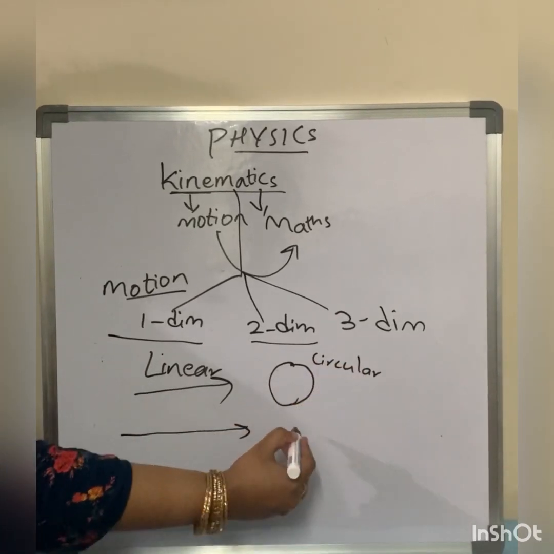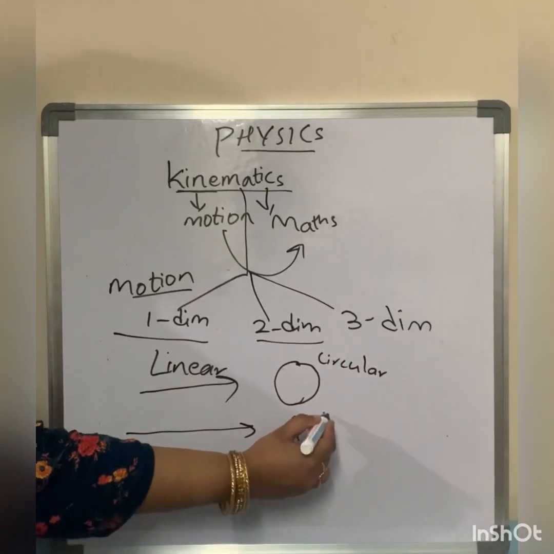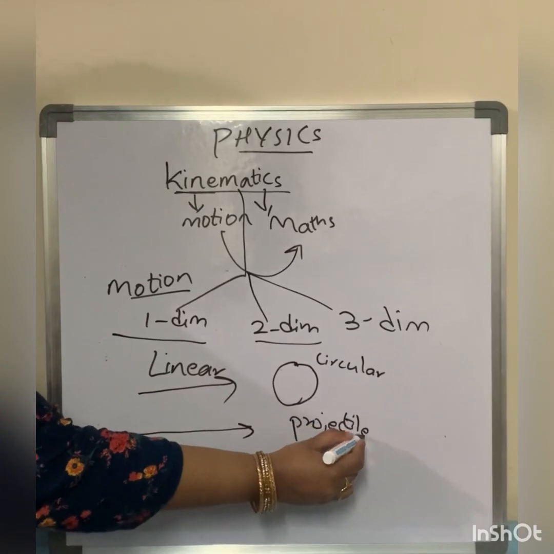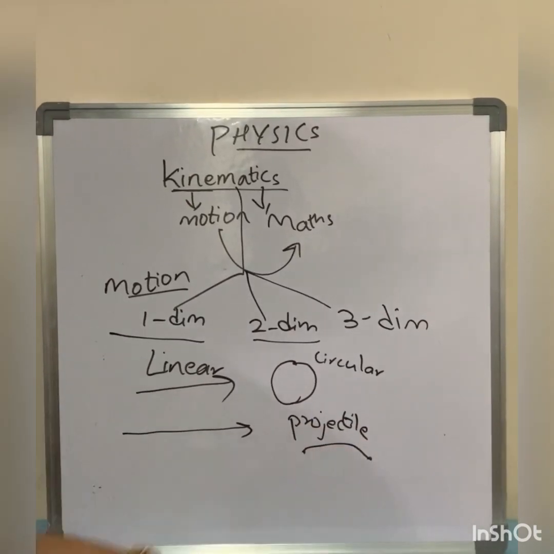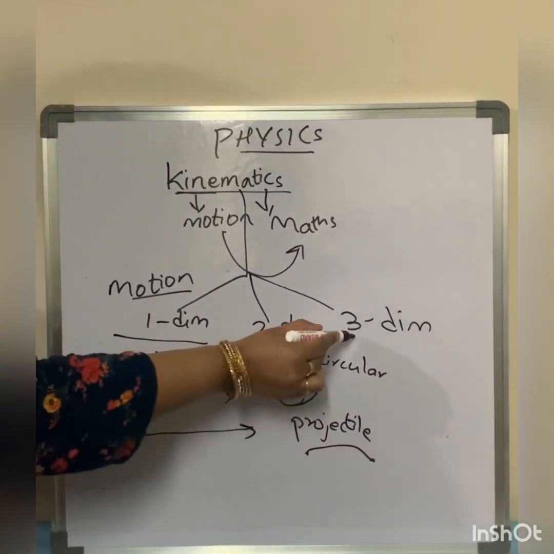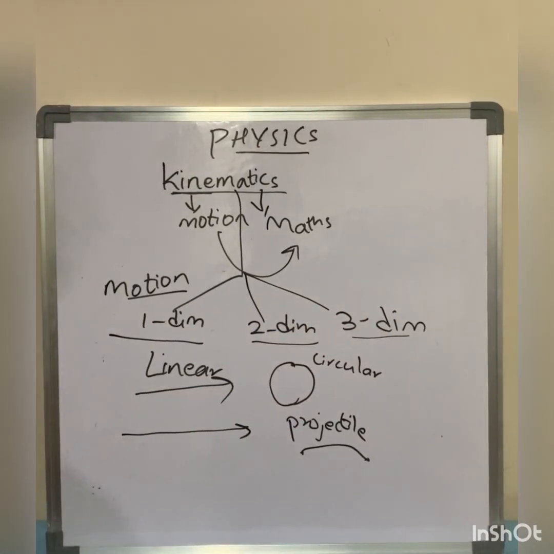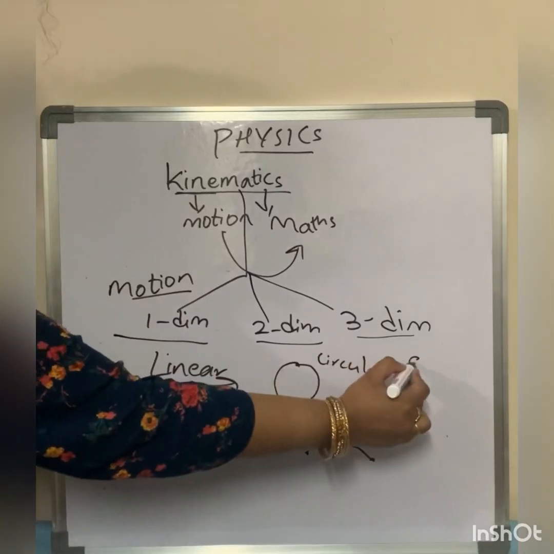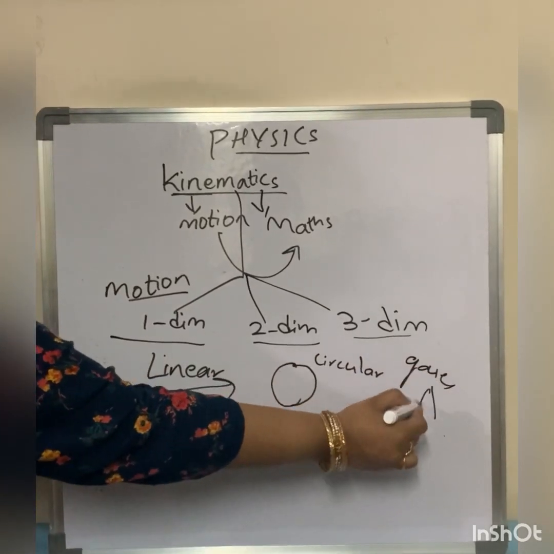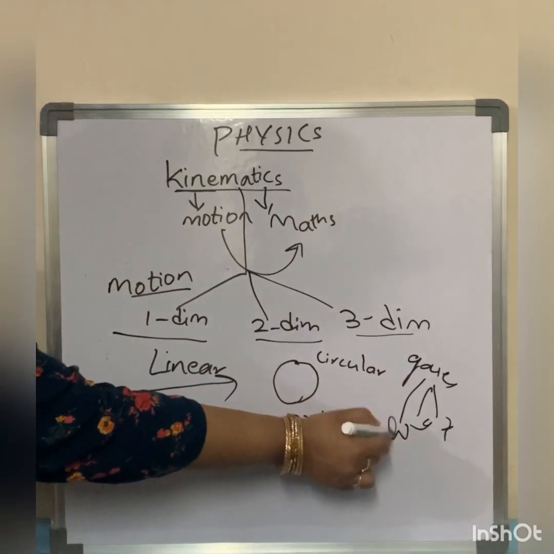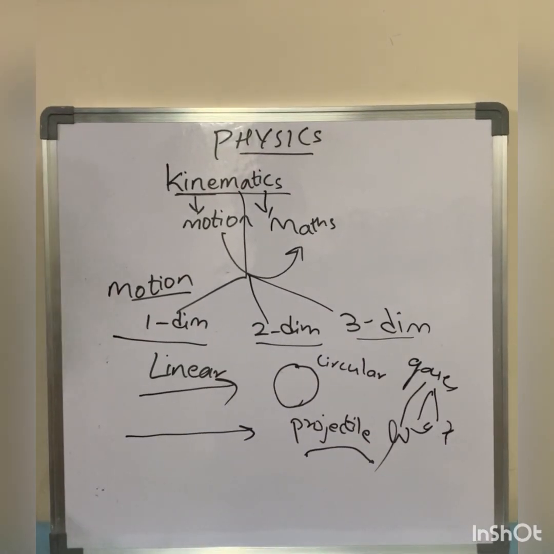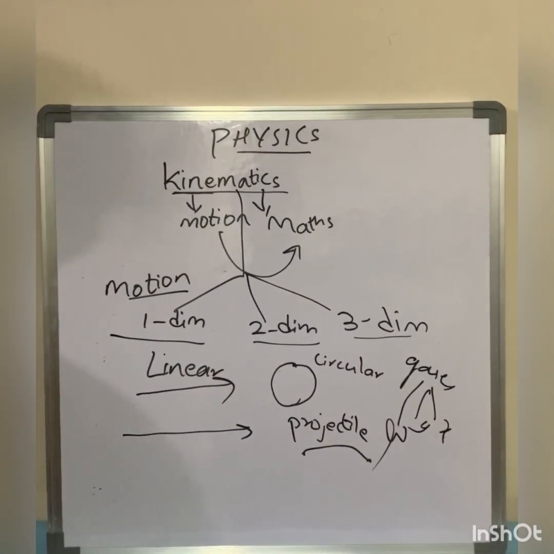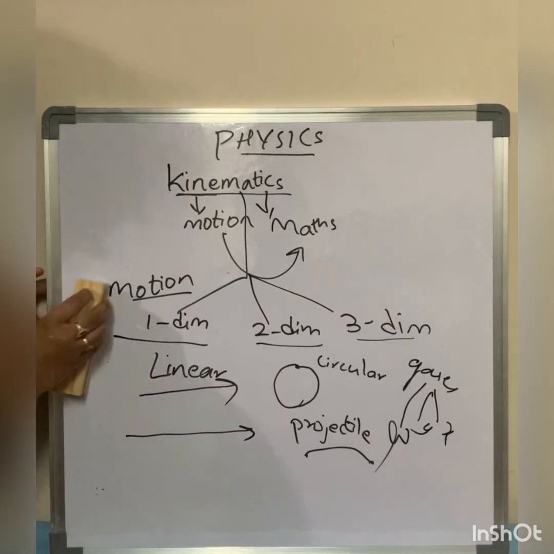Next is projectile motion. Coming to 3-dimension, you can get a complete example in the chemistry part. It is gases which will move randomly in 3 dimensions like x, y and z. Okay. This is about motion in 1 dimension, 2 dimensions and 3 dimensions.